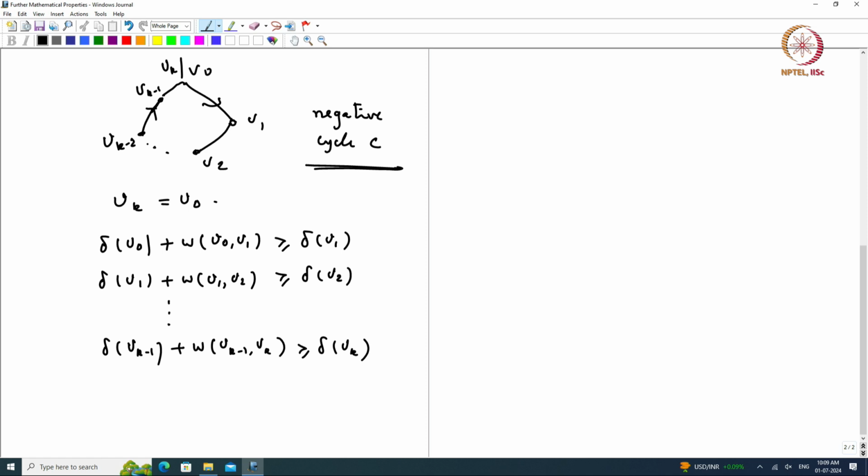So, we have k inequalities. Adding all these inequalities, we get the following.